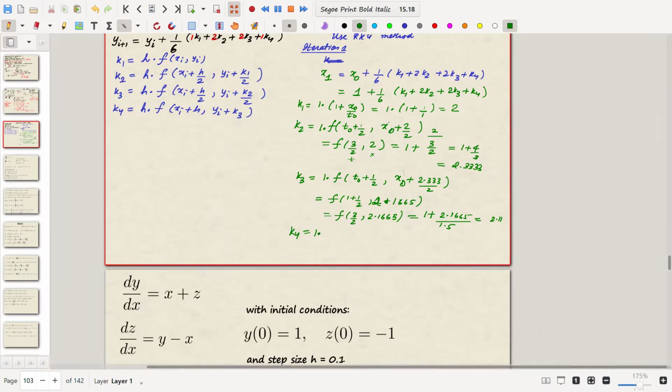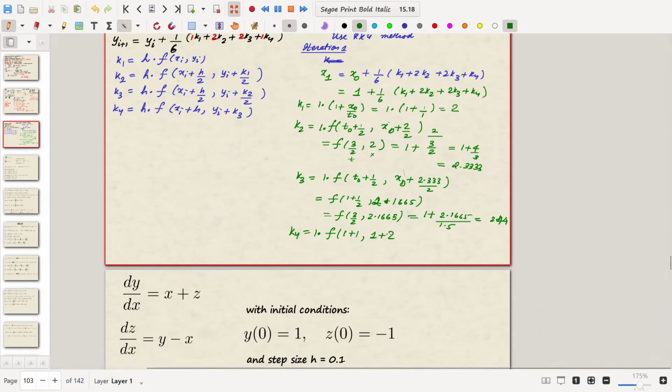K4 is 1 times f of t naught plus h, t naught is 1, so 1 plus 1, comma, y i, that is 1 plus k3.